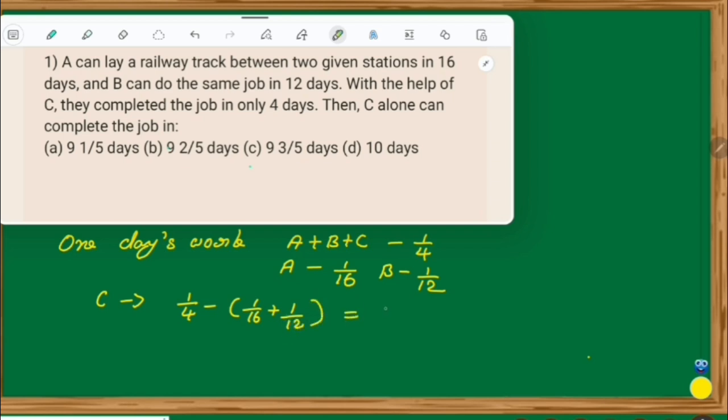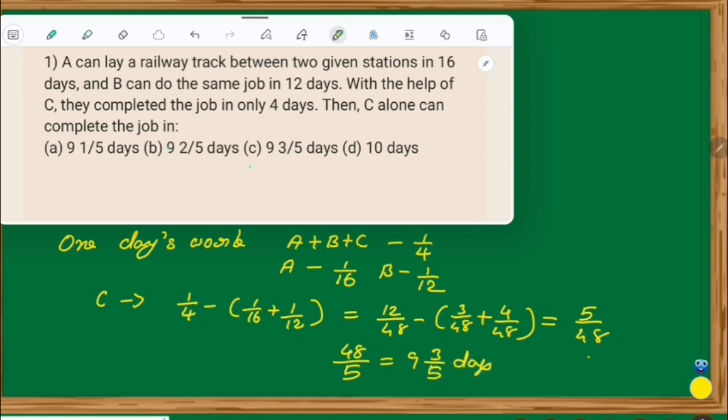Taking LCM, we get 12/48 minus (3/48 plus 4/48). That's equal to 5/48. Therefore, C's total time is 48/5. That's equal to 9 3/5 days. Therefore, C is the correct choice.